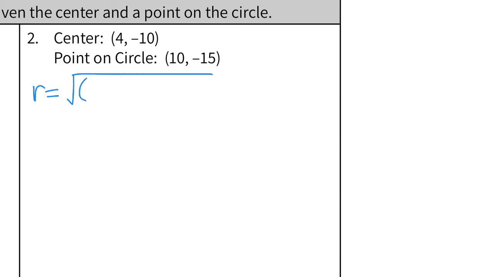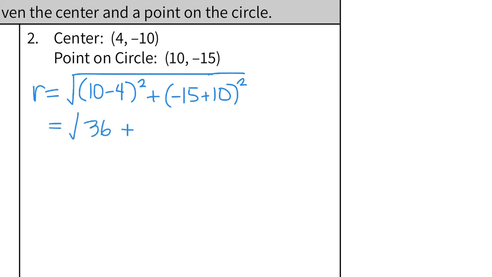So I will have (10 minus 4) squared plus (-15 minus -10), so that's going to turn to a plus sign, squared. Let's do our simplifying. 6 squared is 36. Over here -5 squared is 25. Add those up, so this would be the square root of 61. So that is my radius.